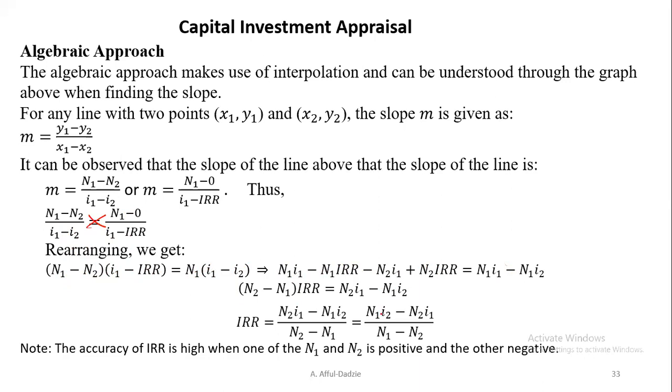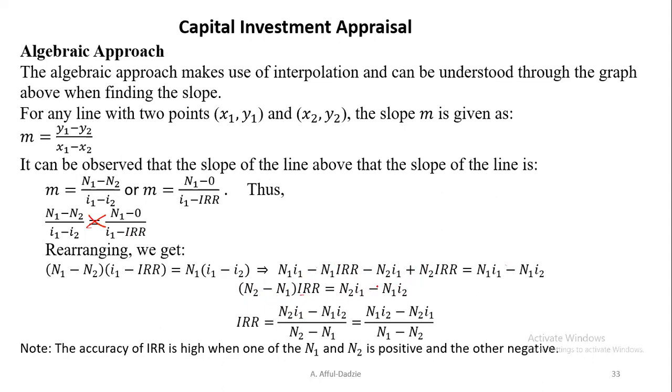Here we can group all the N's together, take out all the I's on the other side, and group the like terms. Now the idea is to make IRR stand on its own, so you divide both sides by N2 minus N1.